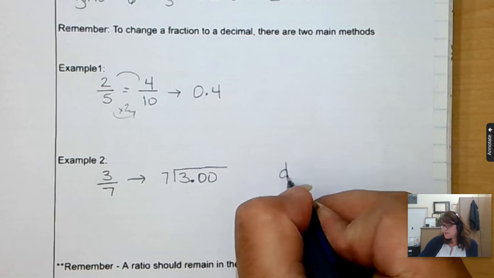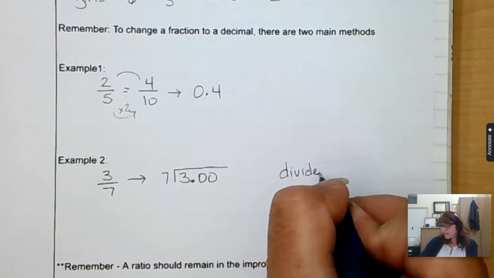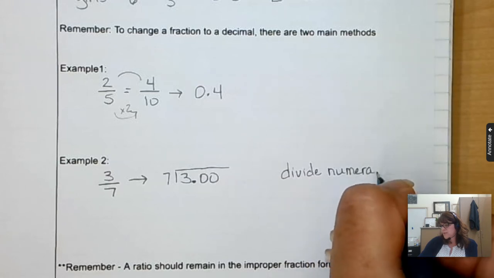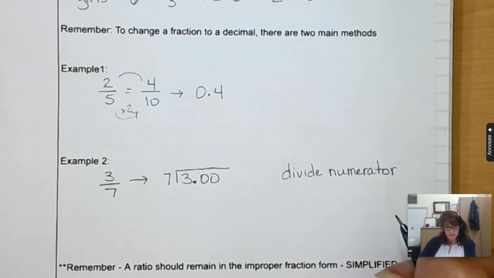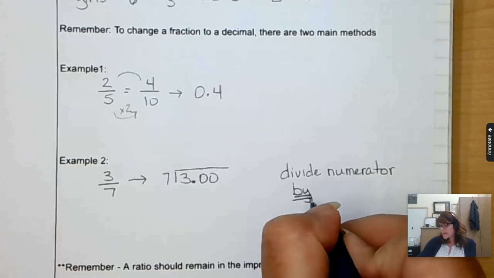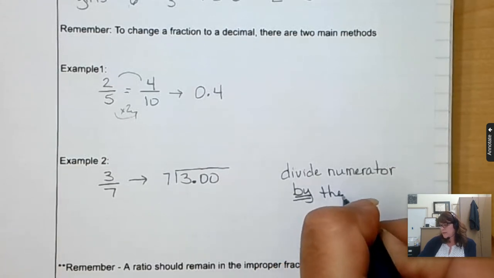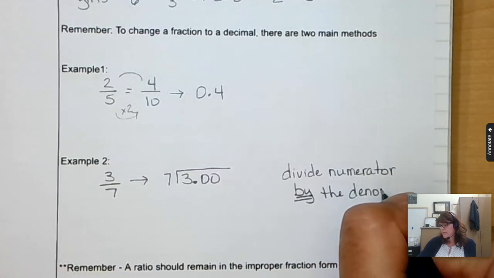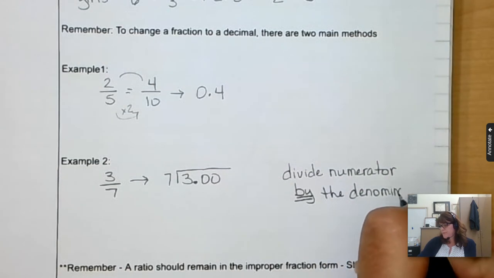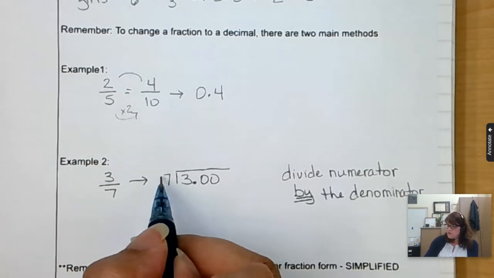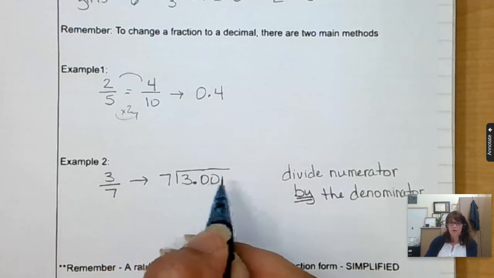Please remember, divide the numerator, and please write this down because this is the number one way people go wrong, by the denominator. Make sure it's in that order.